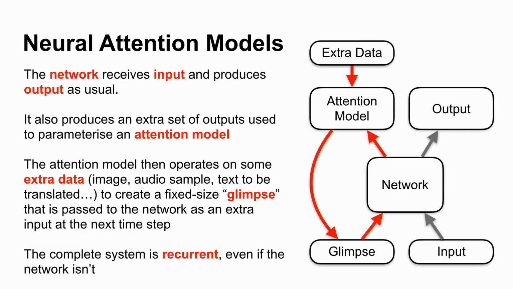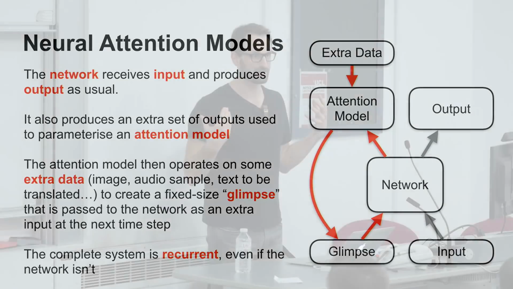But there's also some extra set of outputs coming from the network that are used to parameterize an attention model. So for example, these might give the location of a gaze of the network, or it might give a time or a lookup key telling it what to attend to out of some set of past data. We'll talk more about those specifically later.